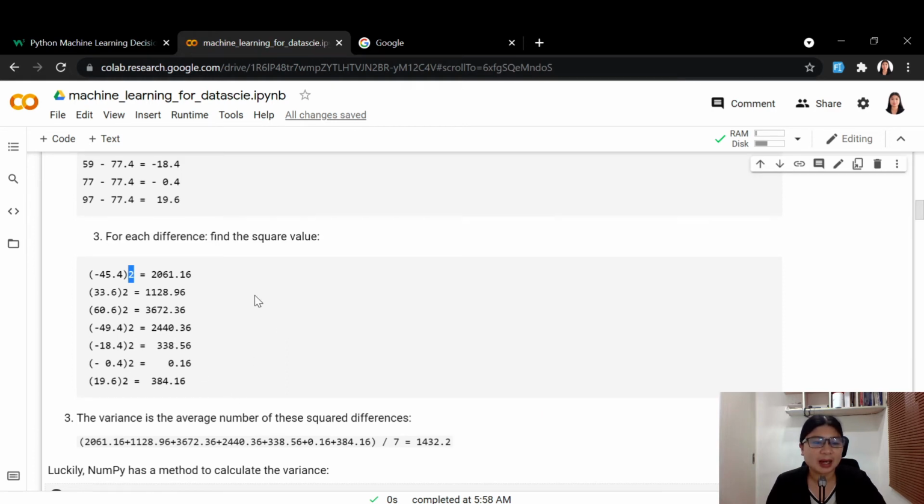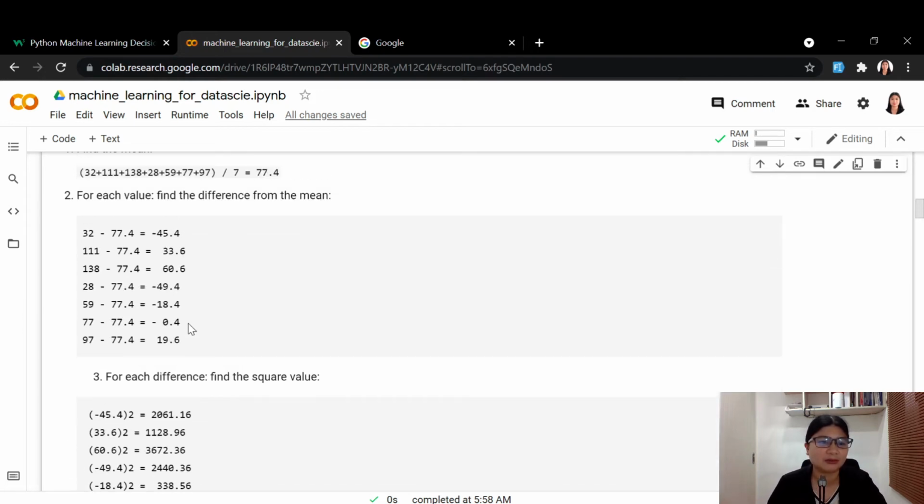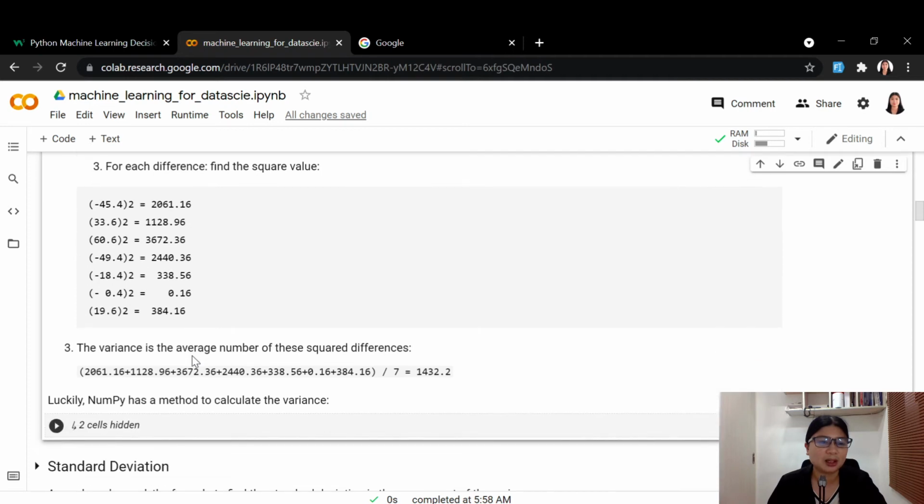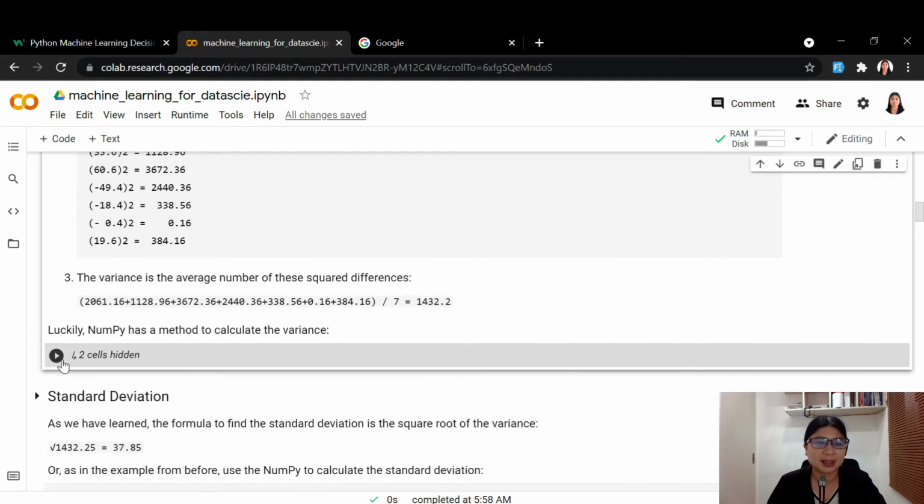So by having this one, may ara na kita isa-isa naman siya liwat, that we get the squared of each value. Okay, so the variance is the average number of this squared difference, so i-add naton. So may ara kita nga 1432.2 nga variance.